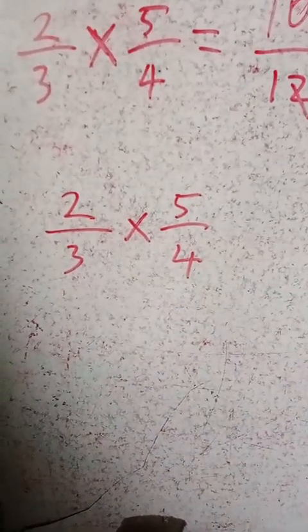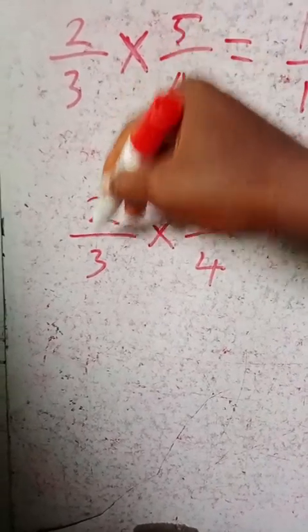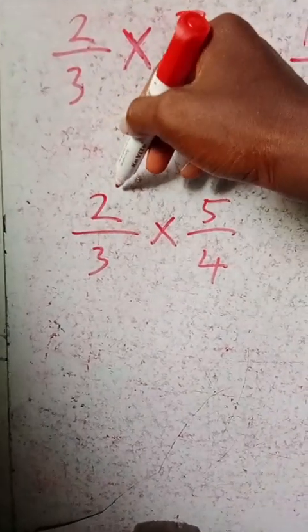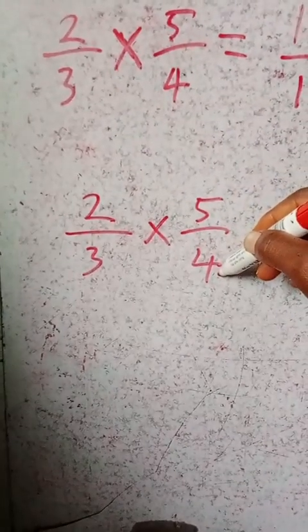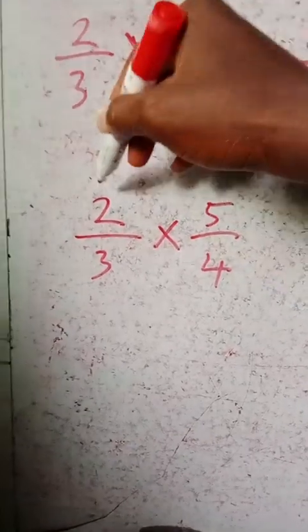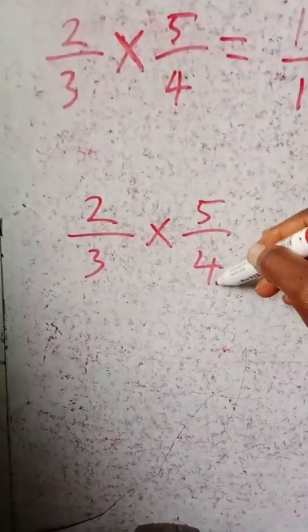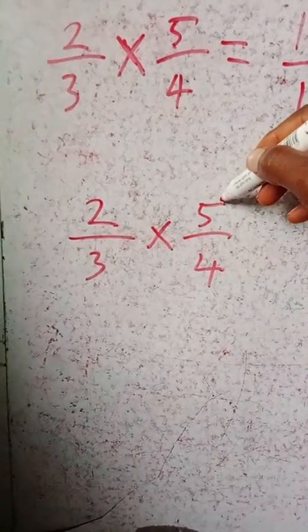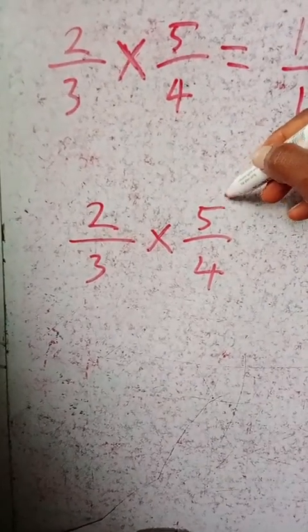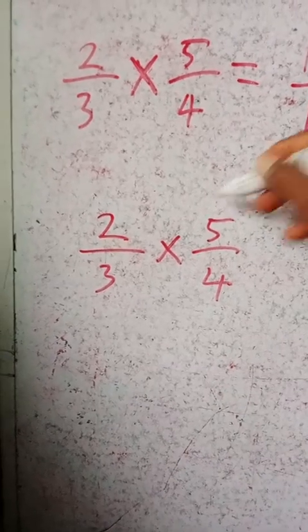Like the first part of the fraction, 2 over 3. 2 and 3 have no common factor, but 2 and 4 have a common factor. It means we can simplify 2 and 4, because 2 is up, 4 is down. 5 has no common factor with 4, neither does it have a common factor with 3.